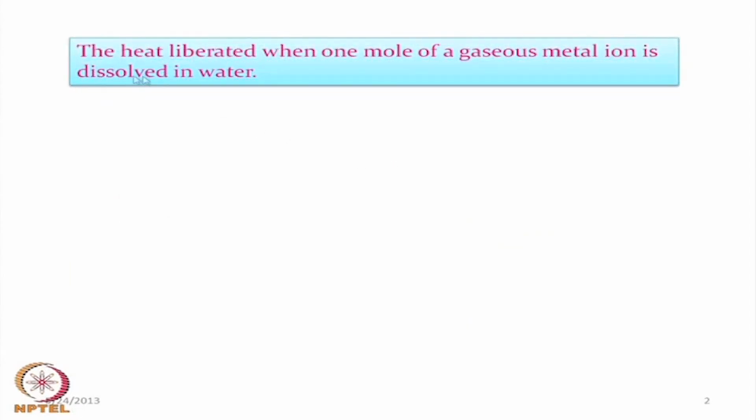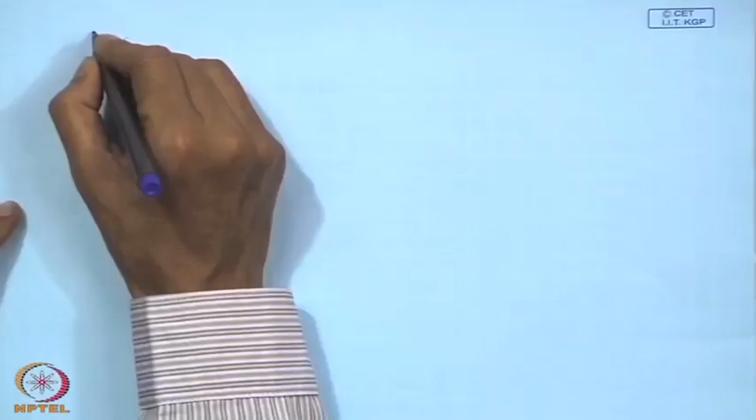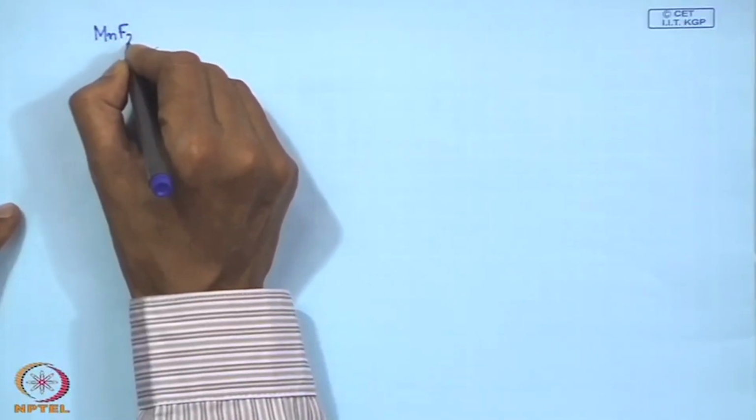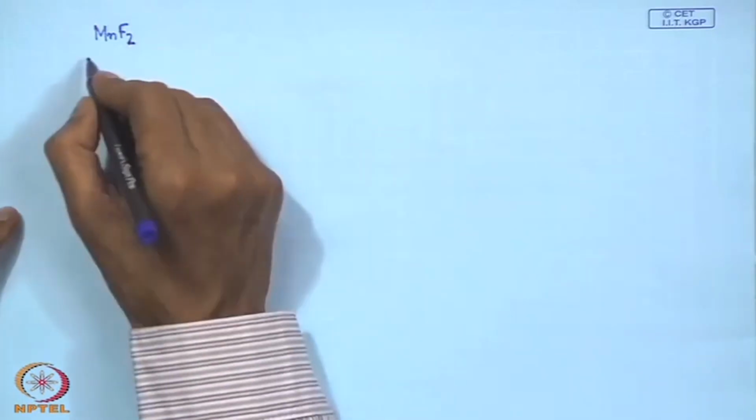So, we see that this can also be applied to the corresponding interaction of the metal ion with the water molecule, with which we started our discussion. In the solid state, what we have just seen is the formation of MnF2.